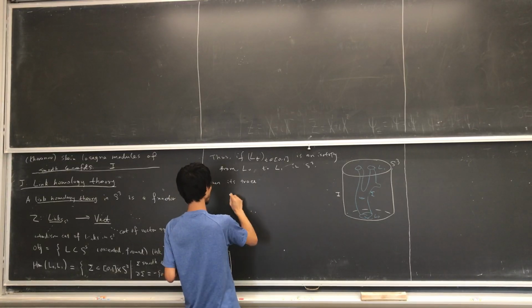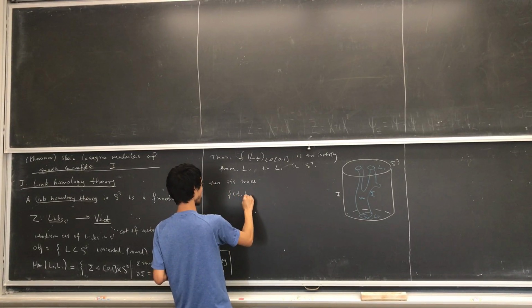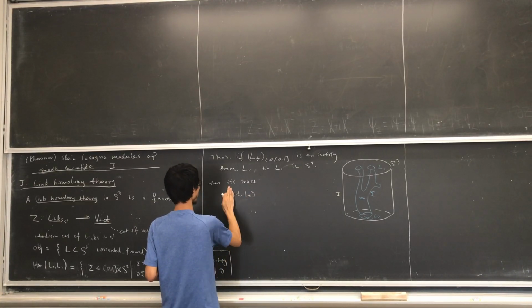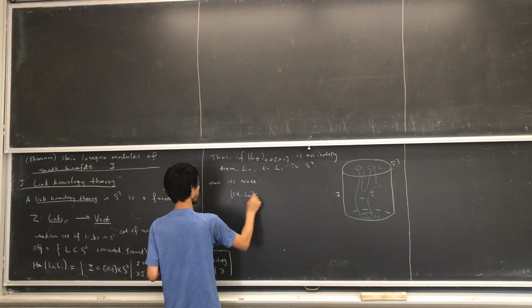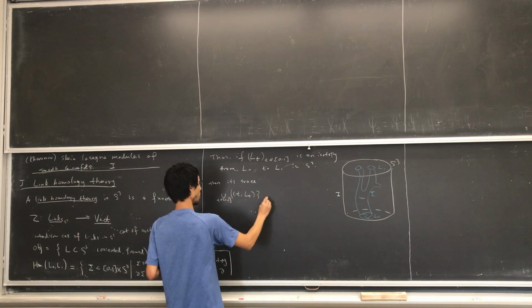By its trace, I mean you take t at the first coordinate and L_t at the second coordinate, the union of those from 0 to 1.